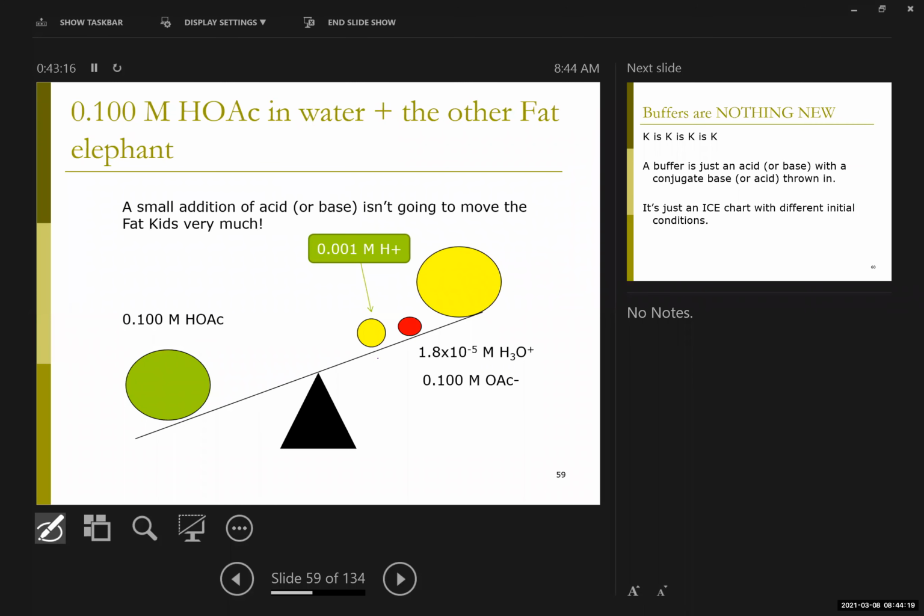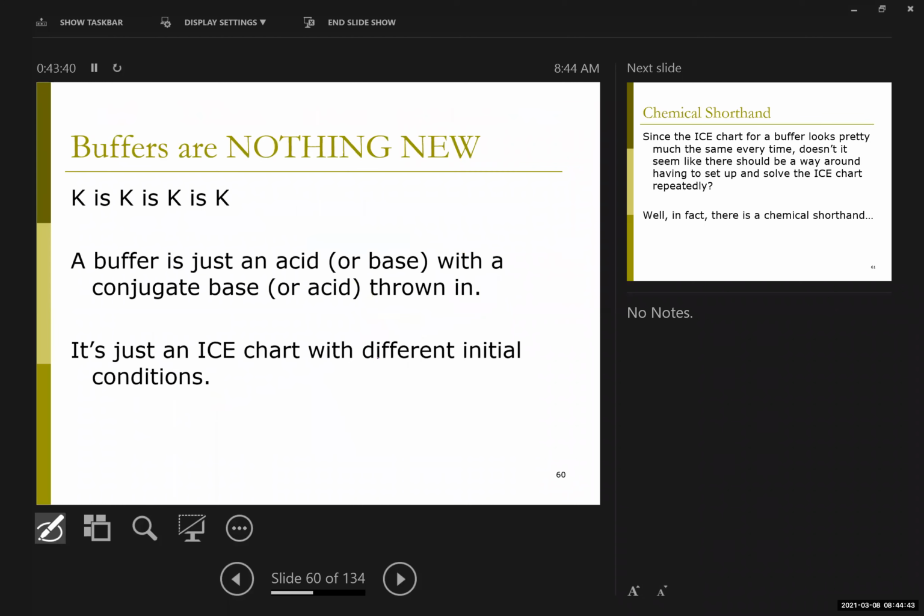And so where a buffer is useful is if you're trying to fix the pH of a solution against, God forbid, yet another acid or base. Buffers in general end up being mixtures of often 3 or 4 or 5 different acids or bases in practice, because to make my buffer in the first place, I frankly have to have at least 3 acids or bases.